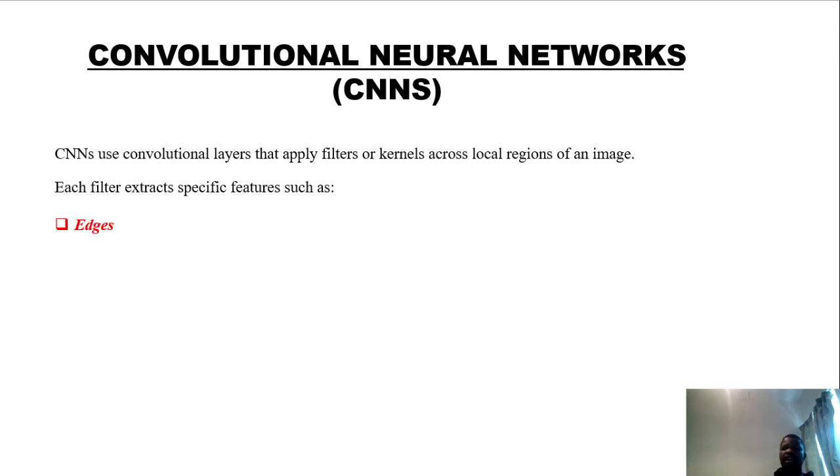Each filter extracts specific features such as edges, corners, textures, and shapes. These features are combined layer by layer, enabling the network to understand hierarchical representations from low-level edges to high-level subjects.